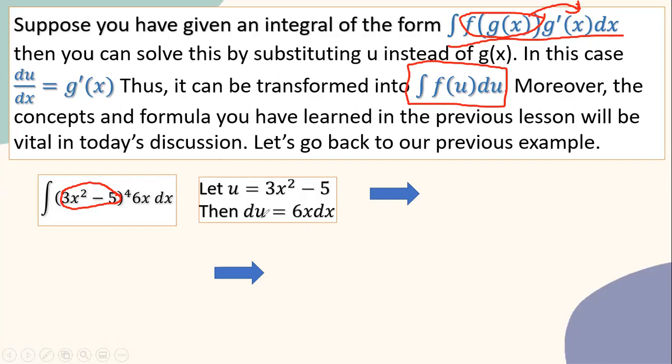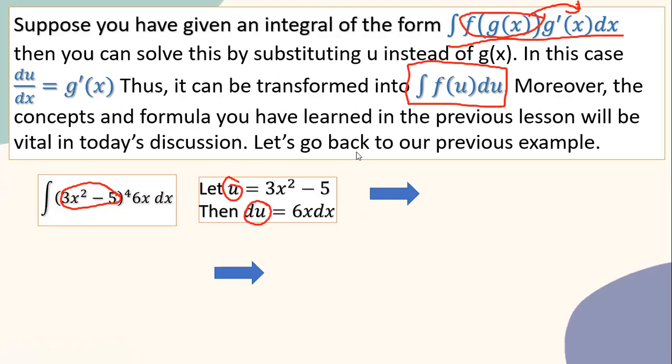And then du is equal to 6x dx. Kapag kumukuha tayo ng derivative, lagi siyang may kasama na dx. So derivative ni u is du, and the derivative of 3x squared minus 5 is 6x dx. So meron na tayong u at saka du.